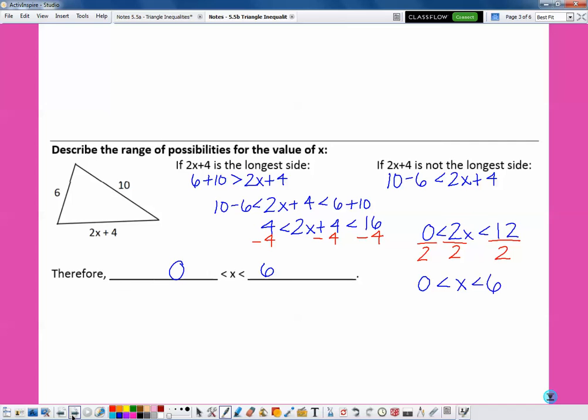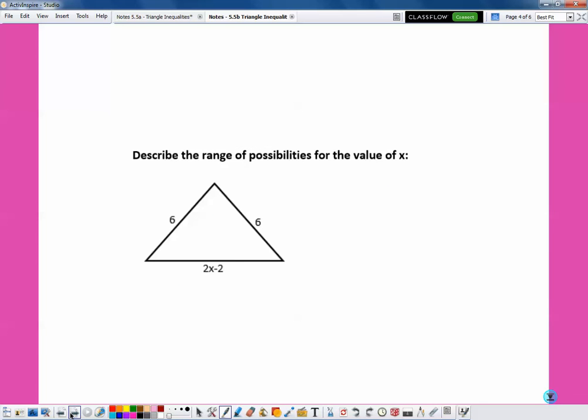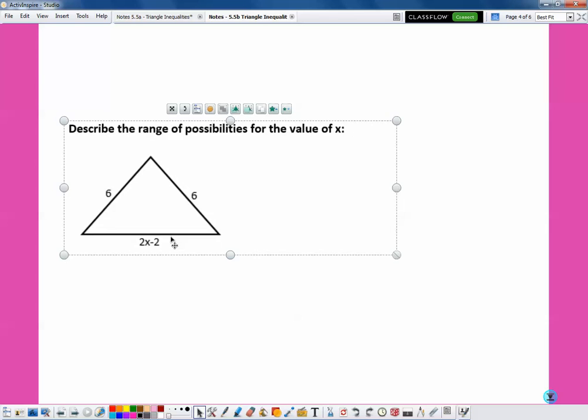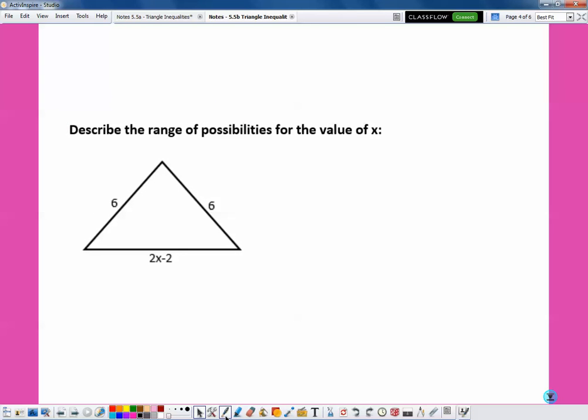Let's try another similar example. We have 2 side lengths of 6 and a side length of 2x minus 2. We know that 2x minus 2 would either have to be less than 6 plus 6 if it's the longest side, or bigger than 6 minus 6 if it's not the longest side. Take a minute and try to solve this on your own.